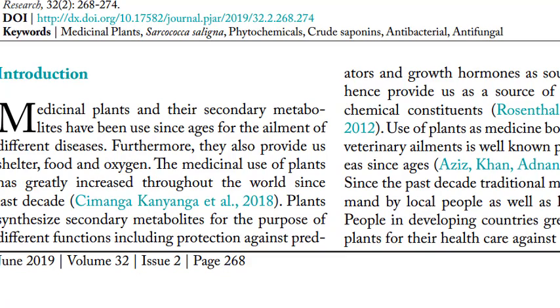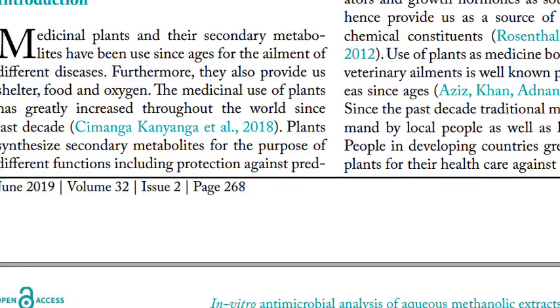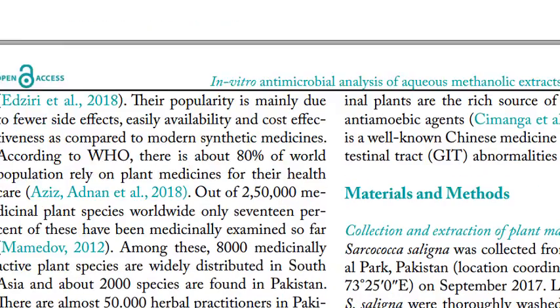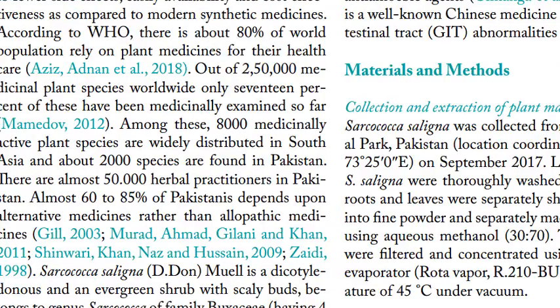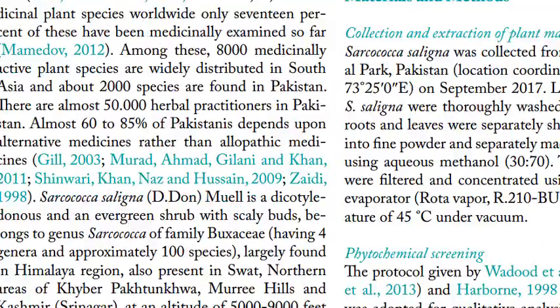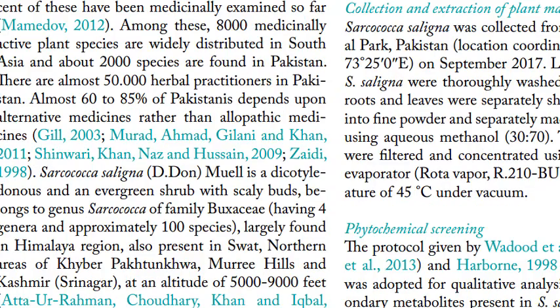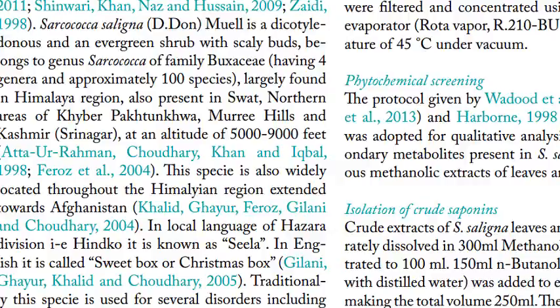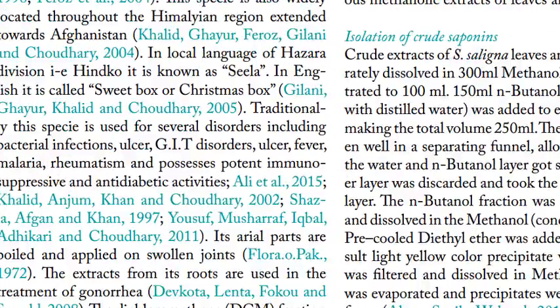Then there will be the introduction. In the introduction there will be an overview about the topic. There will be a type of literature survey. There will be the materials and methods they have applied. You should read it. Phytochemical screening, isolation of crude.